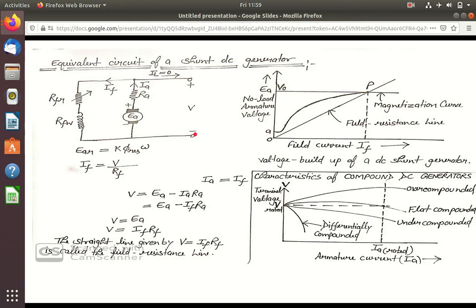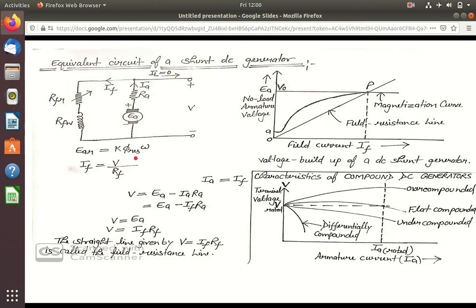The voltage build-up in a DC generator depends upon the presence of a residual flux in the field poles of the generator. This is your residual flux. Phi RES represents your residual flux in the field poles of the generator.